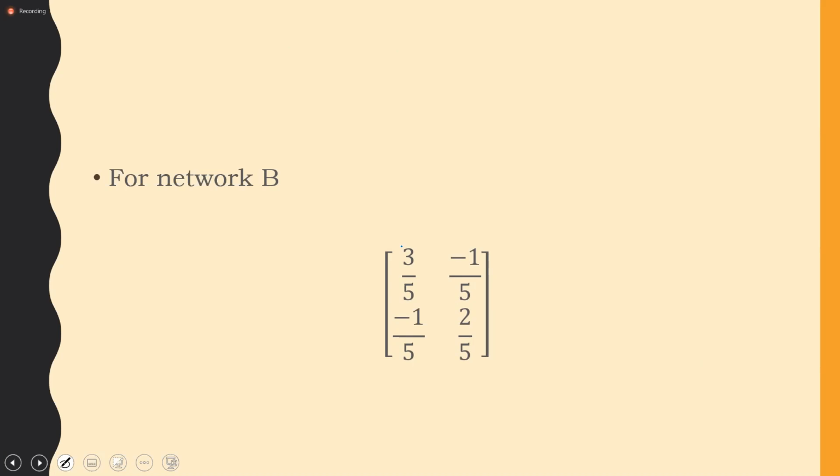And from theory, we're saying that for the combined network, because they are in parallel, yes, we just be adding the admittance parameters of each network.